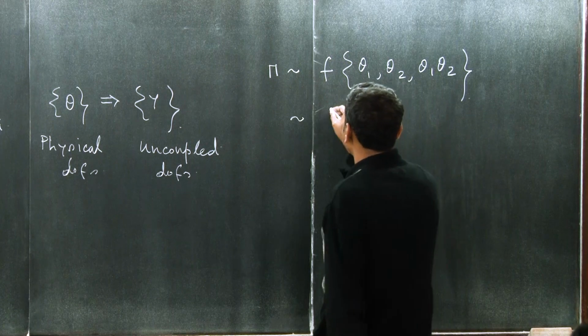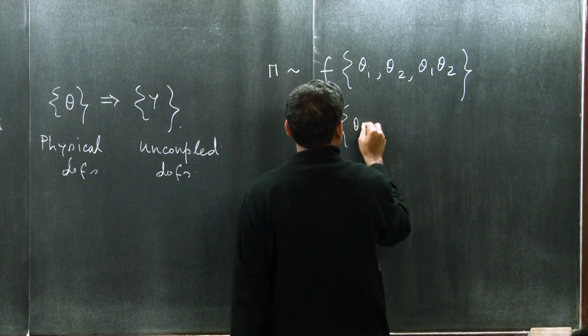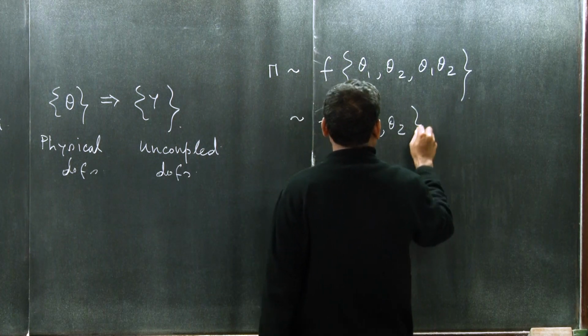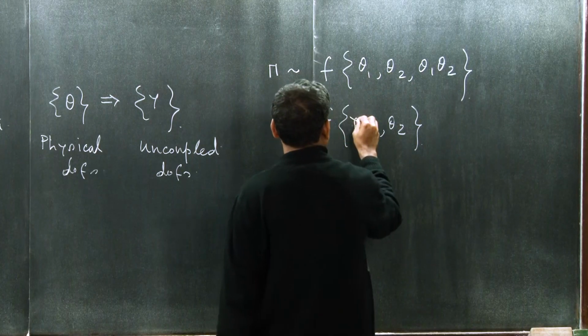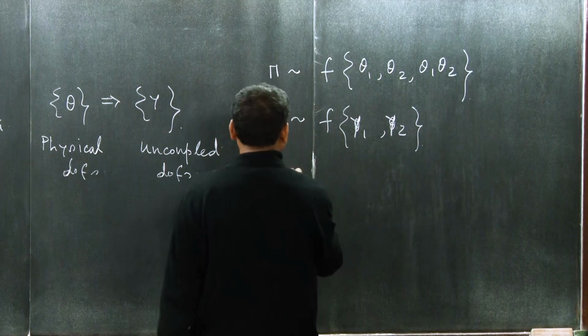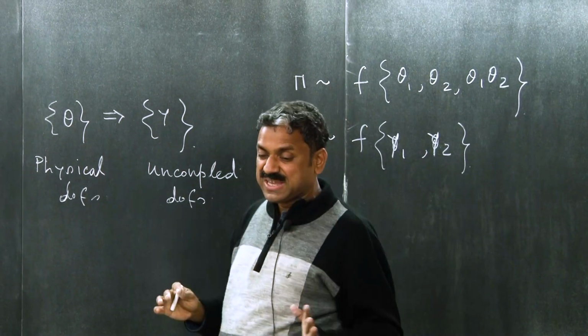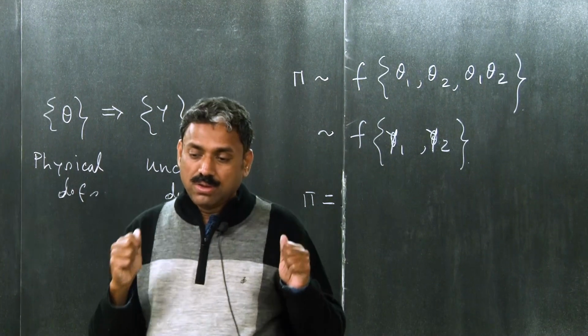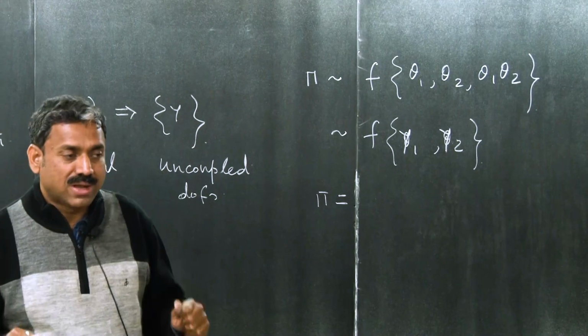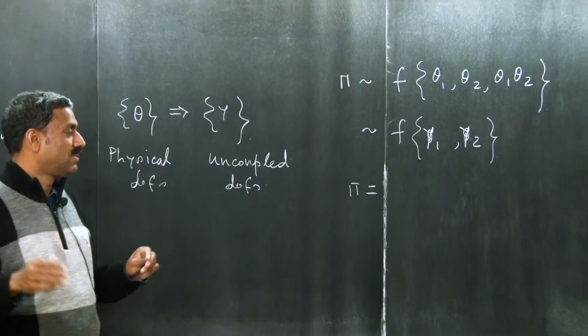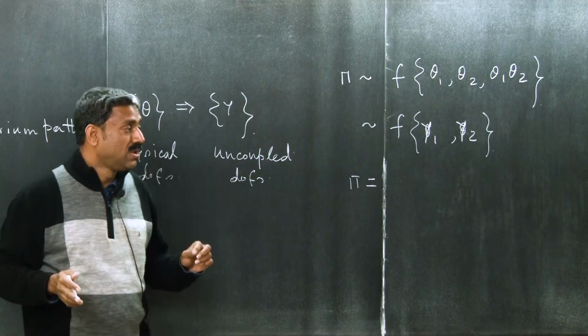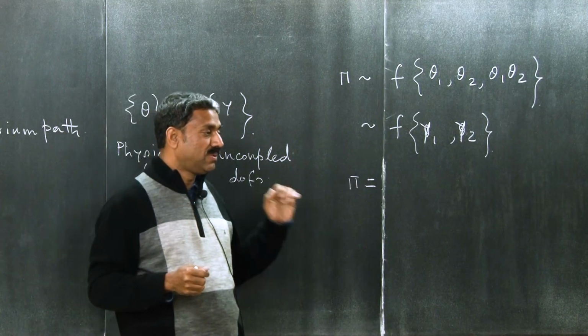So the potential energy functional becomes a function of y1 and y2 only, and we have seen that for this simple case it can be expressed in terms of a quadratic term, quartic term, or even higher order terms like sixth order term, eighth order term, because all are even terms, right?